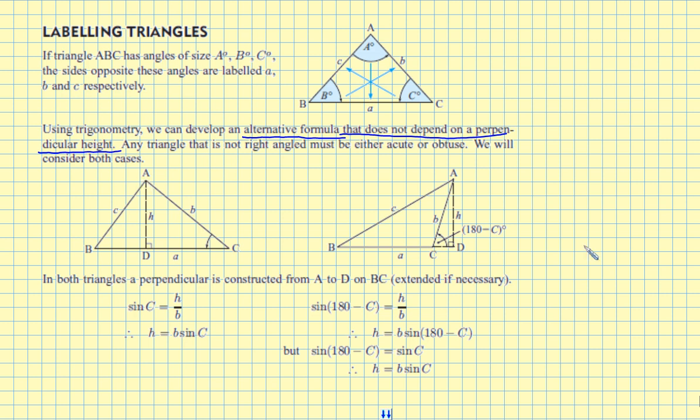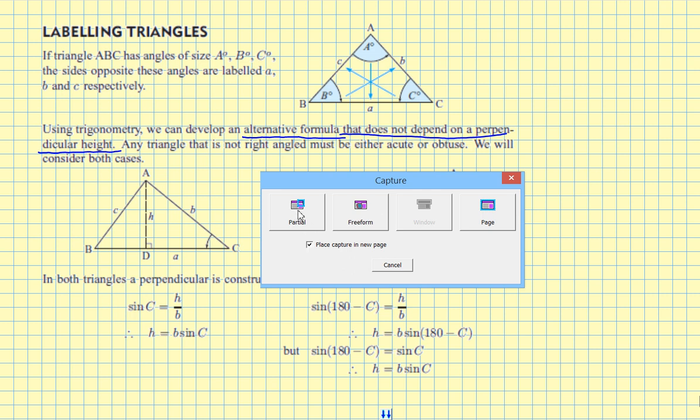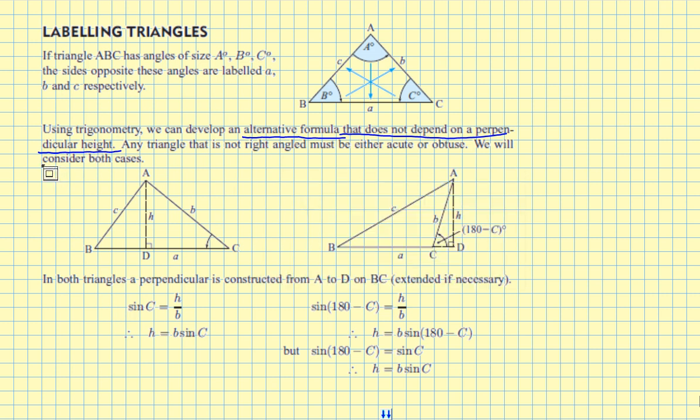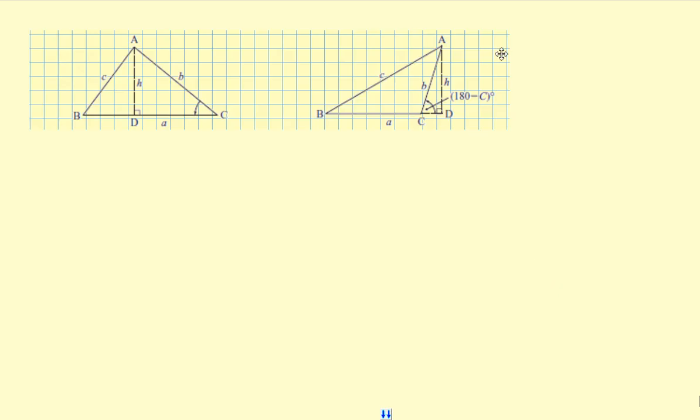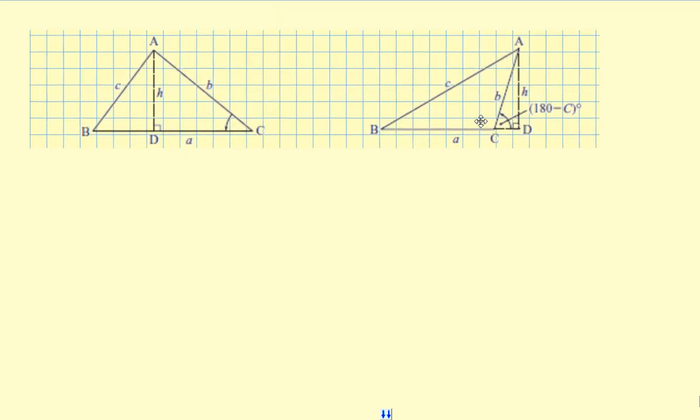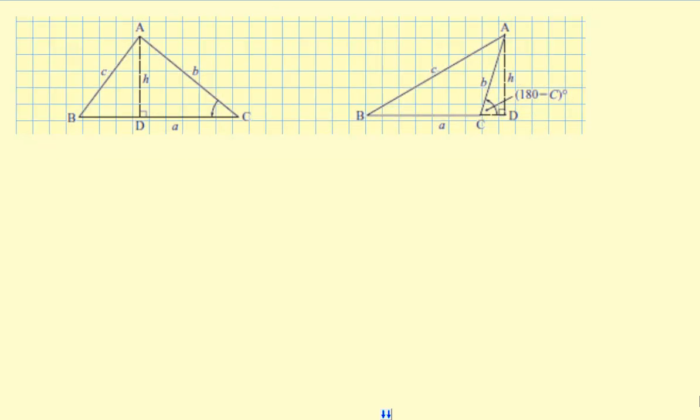I'm going to start another page here so that we can do this from scratch. I'll take this and put it in a new page, and I'll make it a little bit bigger. Okay, so this is the situation.